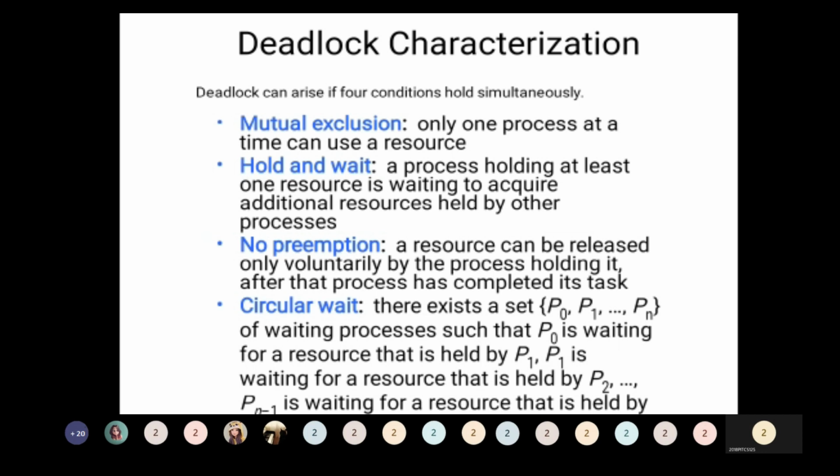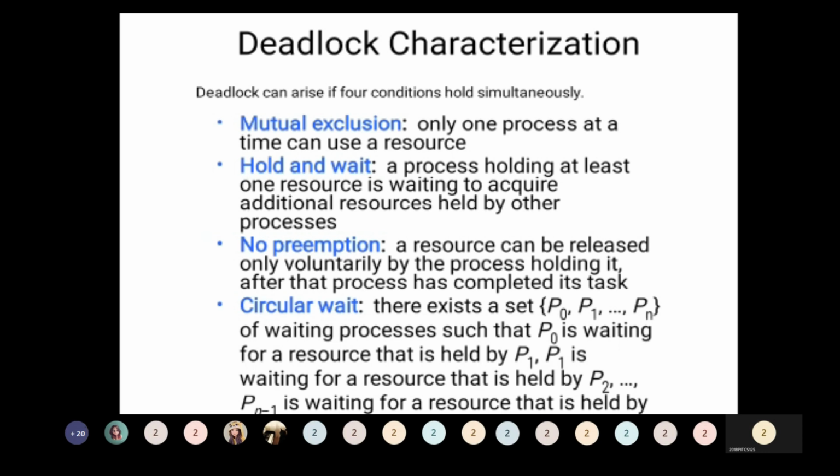Then no preemption, the third condition. No preemption means a resource can be released voluntarily by the process holding it after that process has completed its task. We cannot in between suspend the process for releasing the resource.